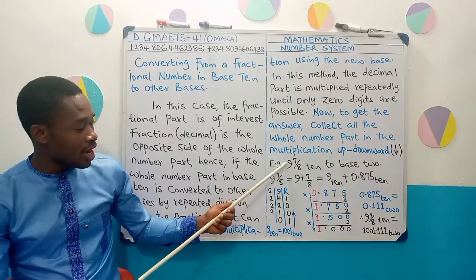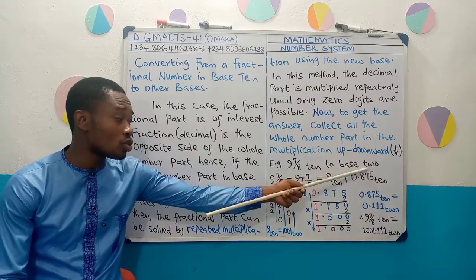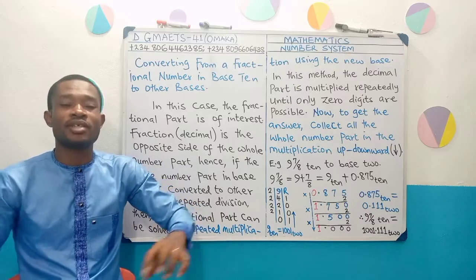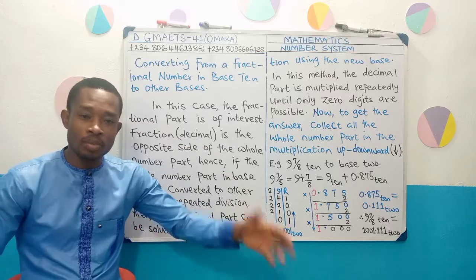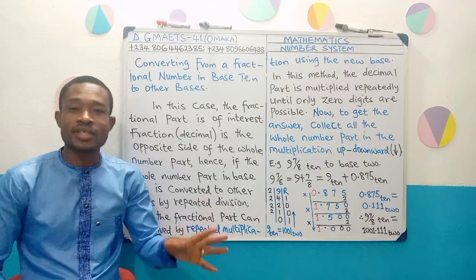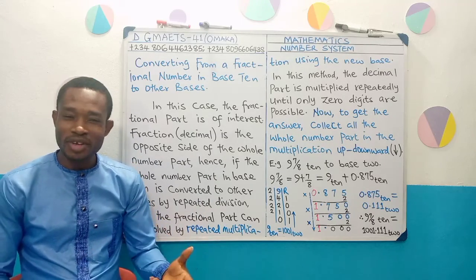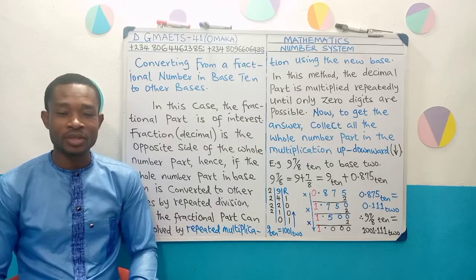We have this example here, 9 whole number 7/8 in base 10 to be converted to base 2. So what do we do? Now you have to split this mixed fraction into 2 parts, the whole number part and the fractional part. Handle the whole number part exactly as you learned previously. Then, coming to the fractional part, you now have to pay attention as I explain how you handle that.